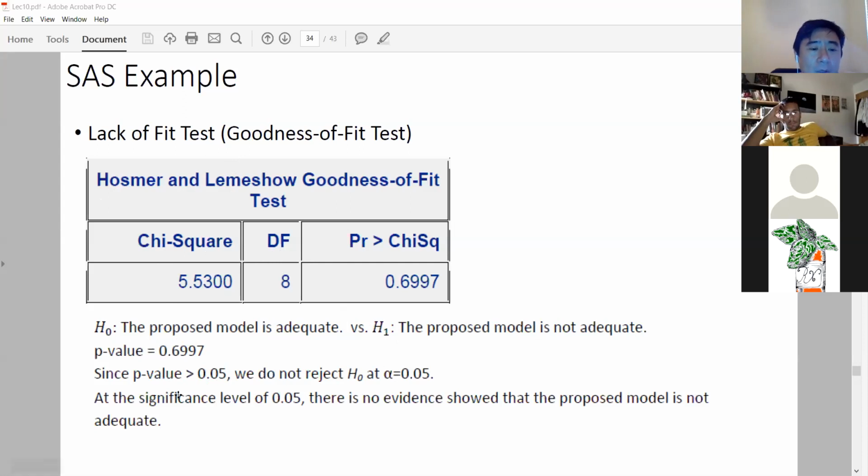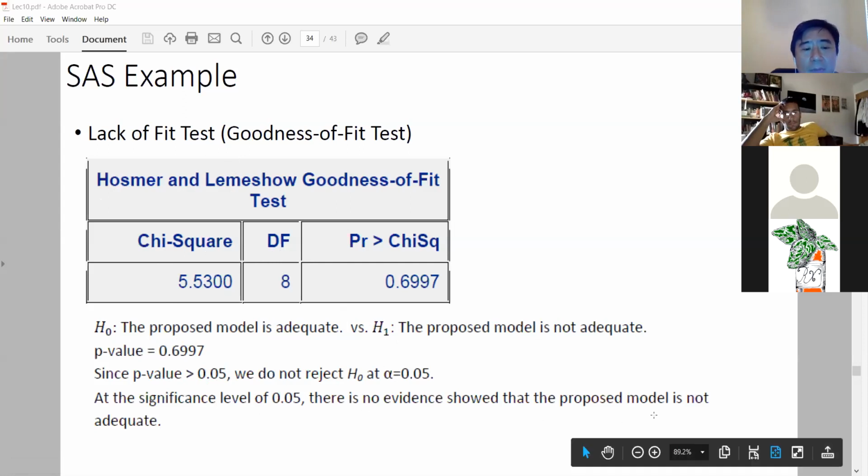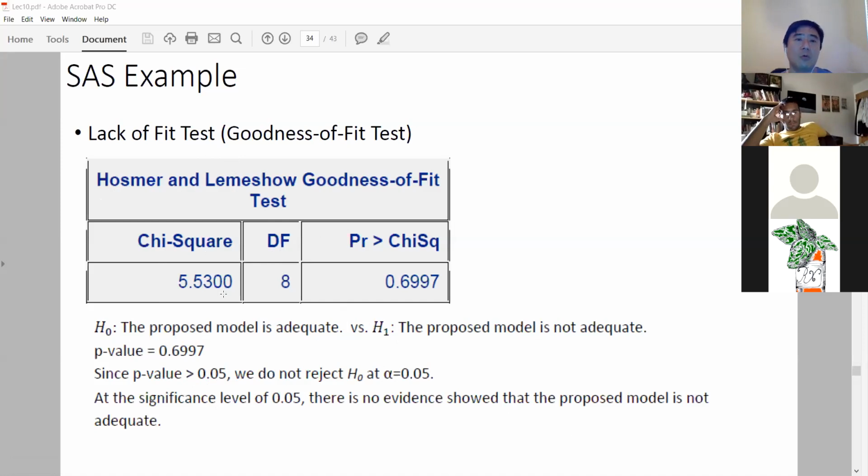Therefore, your conclusion is this model is adequate. So remember, the null hypothesis is adequate. That means you hope that you will not reject the null hypothesis, because rejecting the null hypothesis means this model will not have a good fit. Failing to reject the null hypothesis indicates this model is adequate, or has good enough fit, something like that.